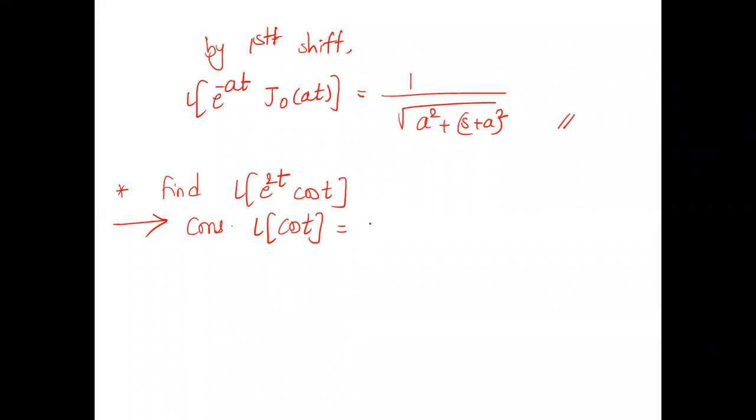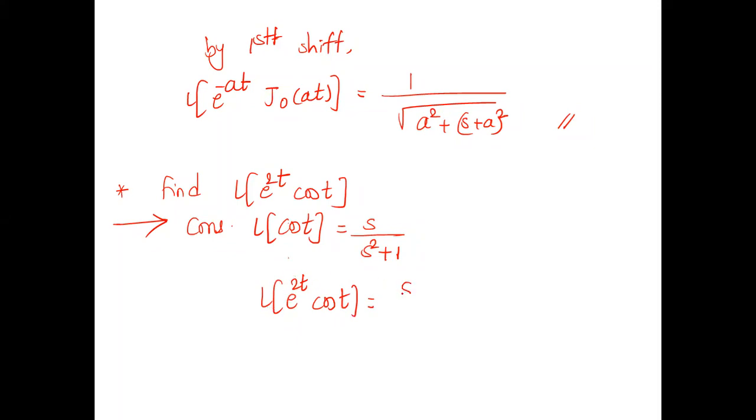What is Laplace of cos t? S upon s square, correct. S upon s square plus a square, where a is 1. Then on this, apply first shift. We need e raised to 2t. So if we multiply this by e raised to 2t, on this side s will be what?